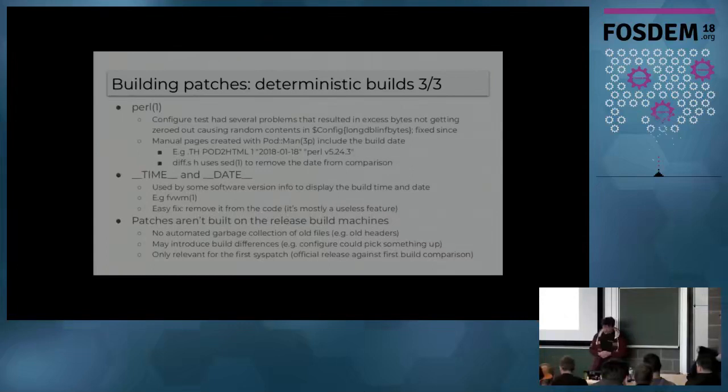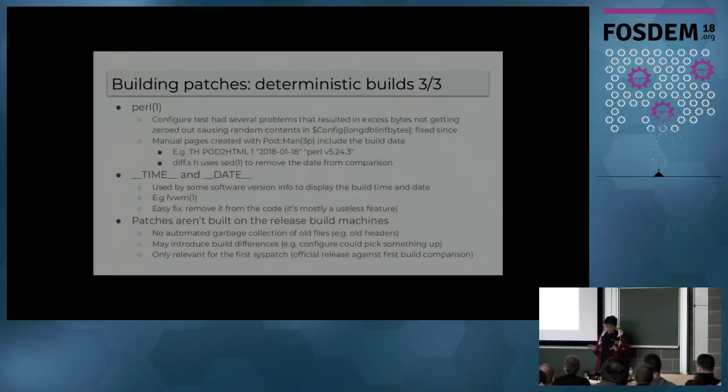Then we had the funny stuff with Perl. The configure test for long double implementation details probes the content of long double length, and that gets stored in the config module. But some of these bytes are pretty much random and vary between builds, because long doubles are only 80-bit, and the remaining bytes are uninitialized.